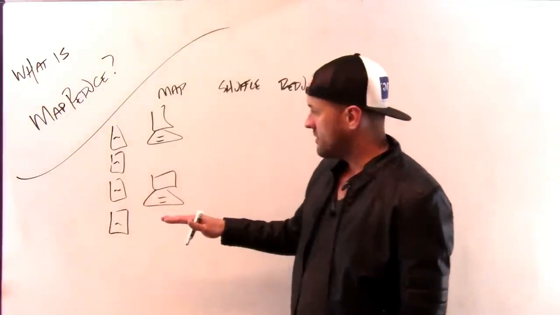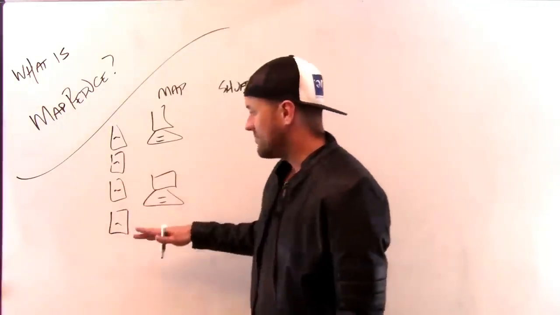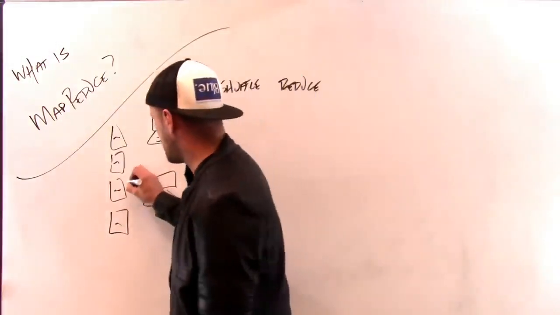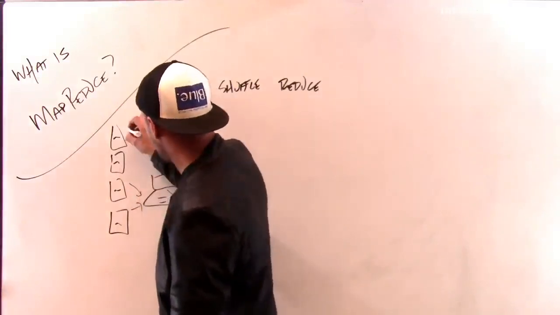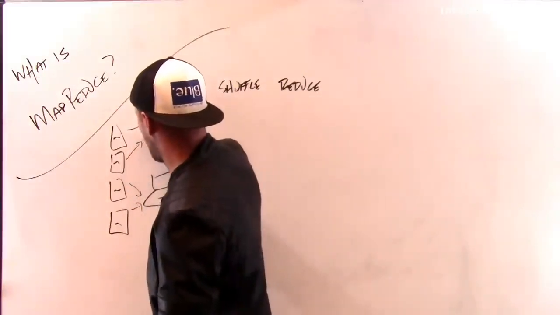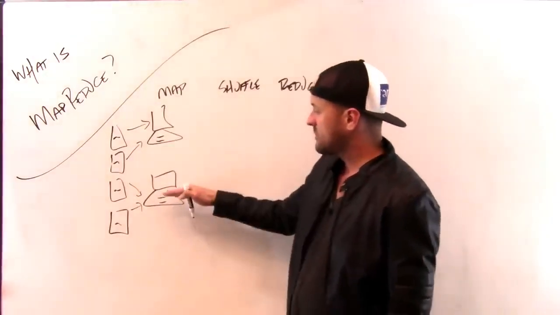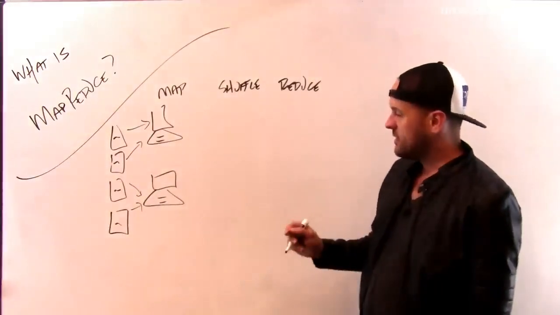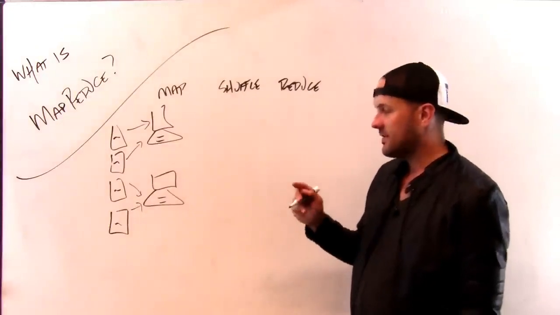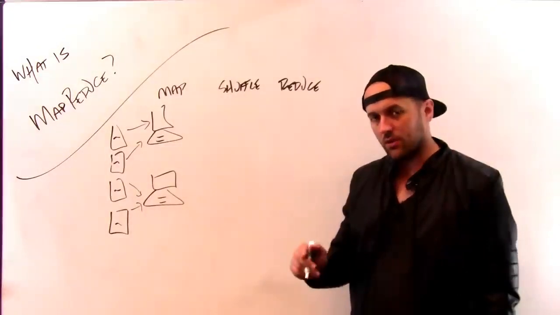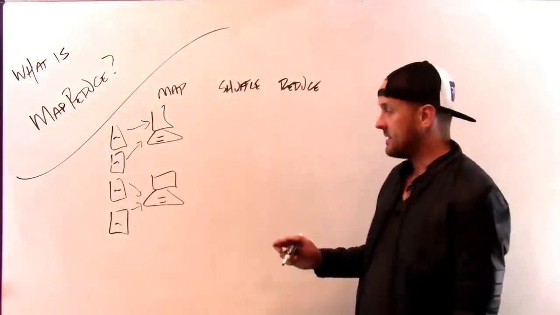The first thing I'm going to do is I'm going to divide the documents between the different computers. So I'm going to assign these 2 documents to this guy, and I'm going to assign these 2 documents to this guy. And now, so this is the map phase. And what each computer is going to do is it's going to produce a count of the number of times that a particular word appeared in the documents.